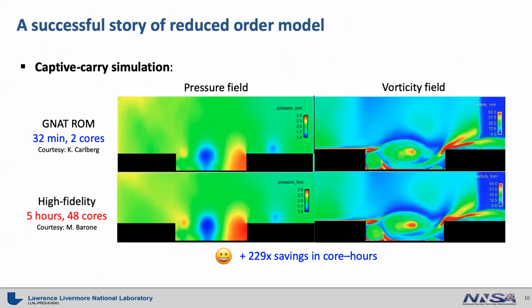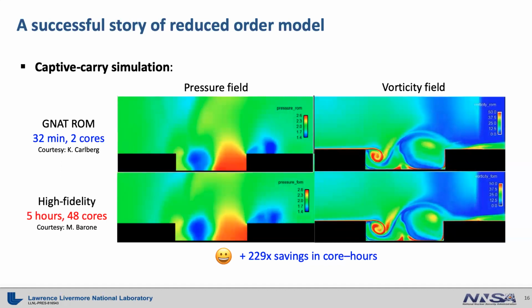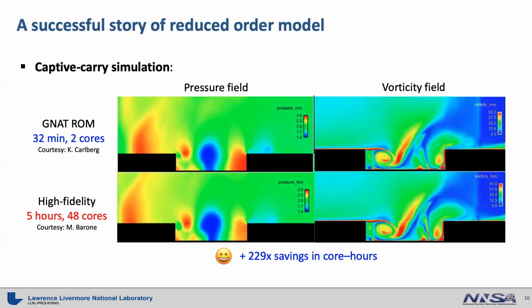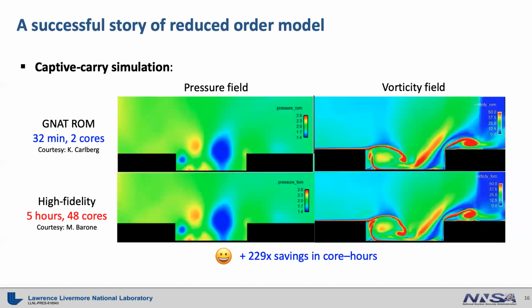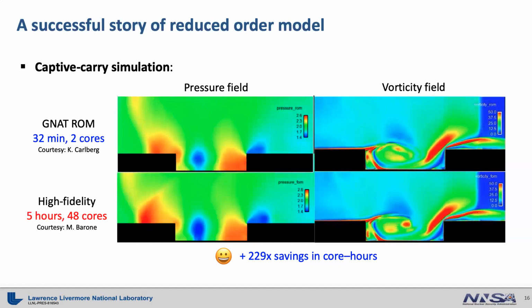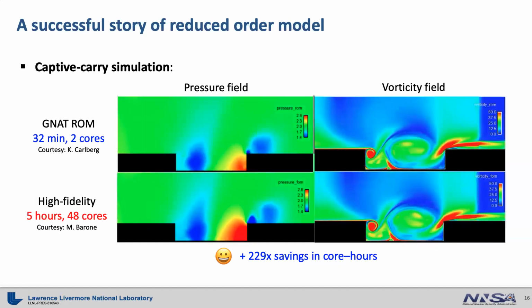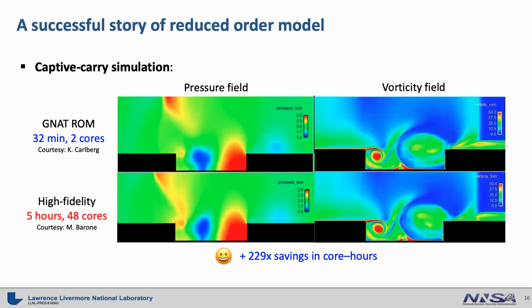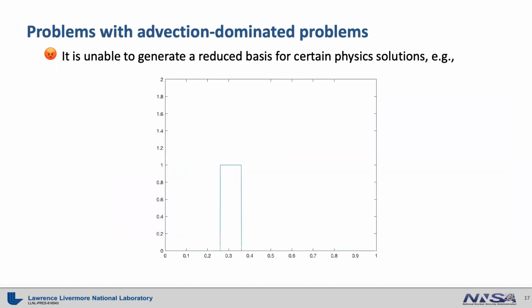The top result is generated by the reduced order model, and the bottom result is generated by the full order model. In eyeball norm, they look identical, but the reduced order model takes 32 minutes with 2 cores, while the full order model takes 5 hours with 48 cores, which gives us a 229x CPU time speedup. Pretty good, right?